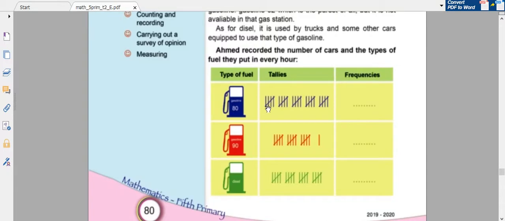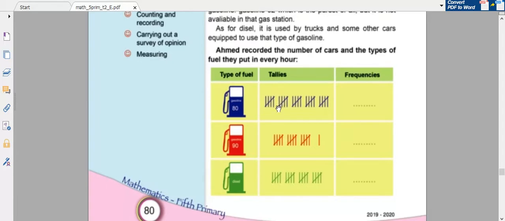Here Ahmed recorded when one car came to the gas station to refuel. He put a mark number 1. Another car for 80, mark number 2. Another car number 3. Another car number 4. Another car number 5.